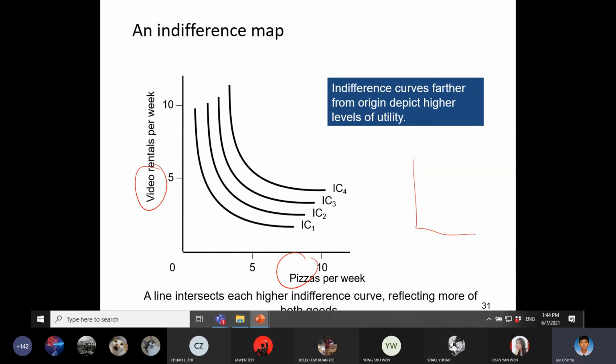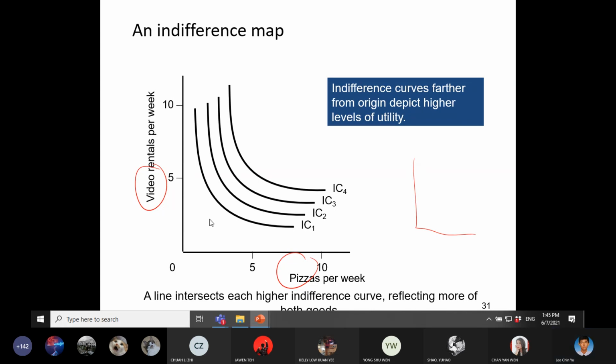That's why in principles of microeconomics we always draw the indifference curve downward sloping, because we assume the person is rational. They will not consume a good that is harmful to them. They will consume the good that is beneficial and gives them satisfaction.